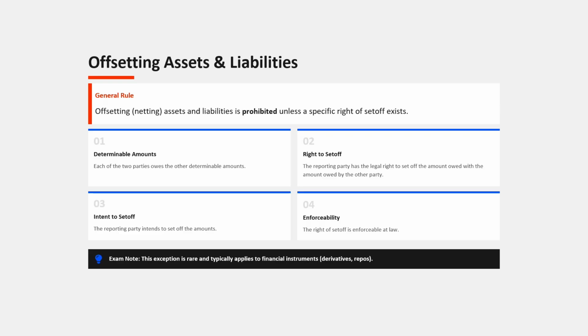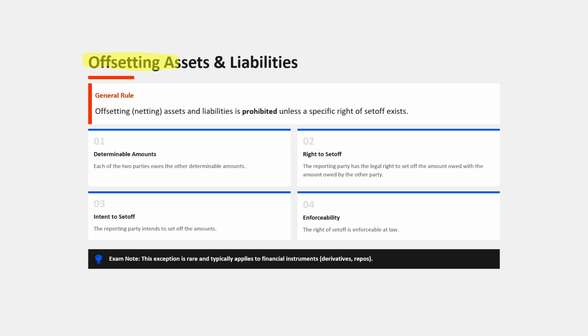Now let's address the broader presentation rules of offsetting. This section is logical, we all know it: offsetting is usually not allowed. We must show the gross amount. We cannot net accounts receivable against accounts payable and show only the difference on the balance sheet.